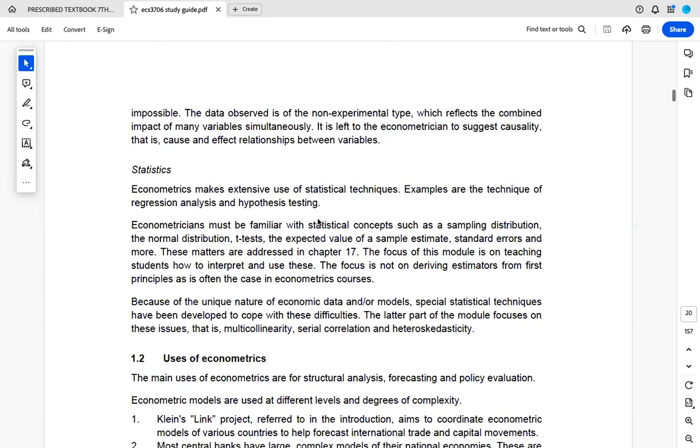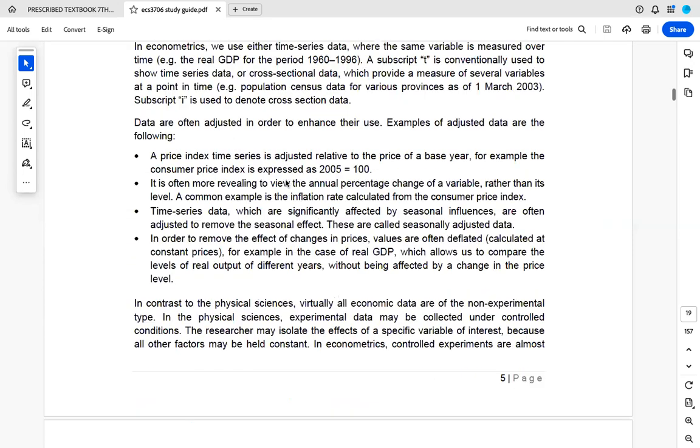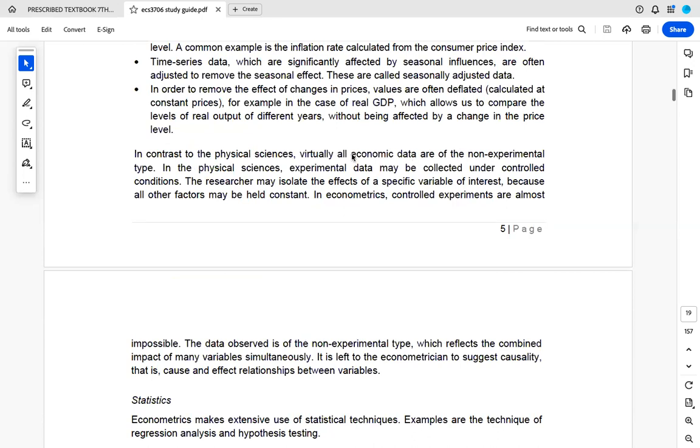And then finally, we are also told that the economic data we use is non-experimental. We just collect this data at a specific point in time, cross-sectional data or historical data. It's not data based on an experiment where we are experimenting and we record data.